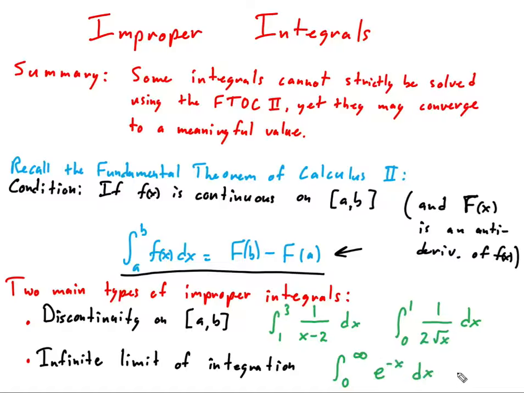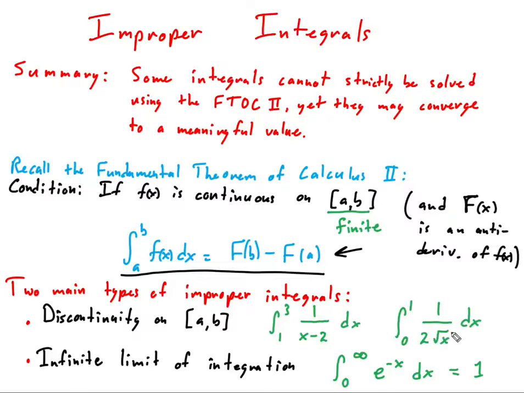Turns out that this integral actually converges to a finite value, to 1 in fact, but we're integrating over an infinite interval. In the statement of the fundamental theorem of calculus, the closed interval is assumed to be finite. These integrals are called improper integrals, and there are various techniques for handling them.